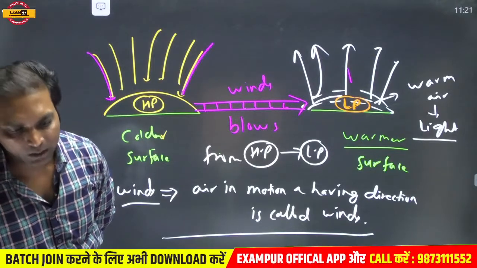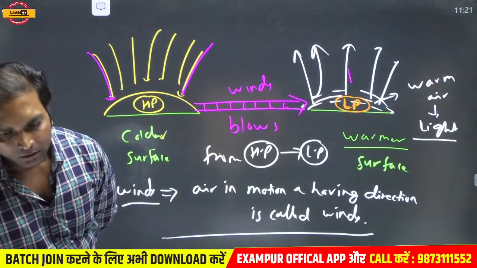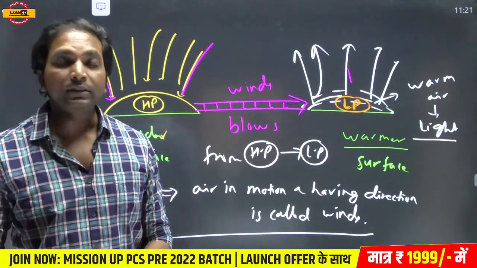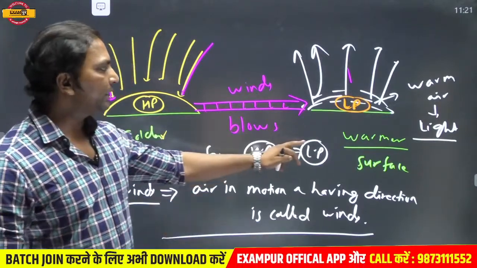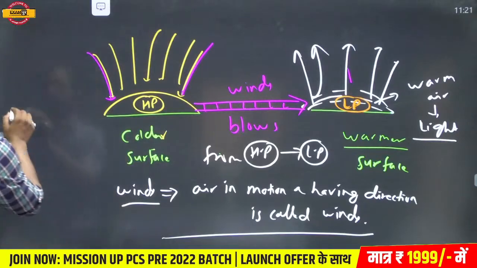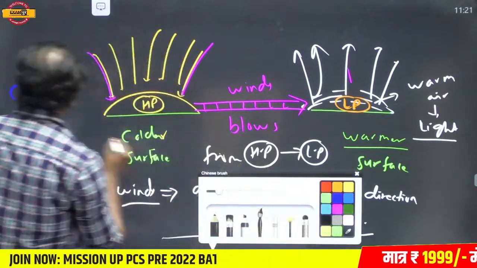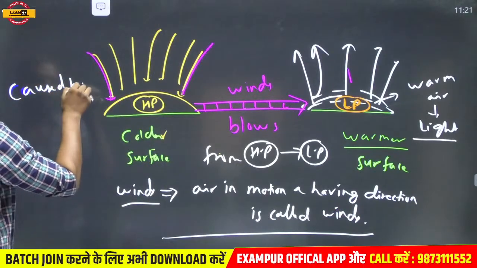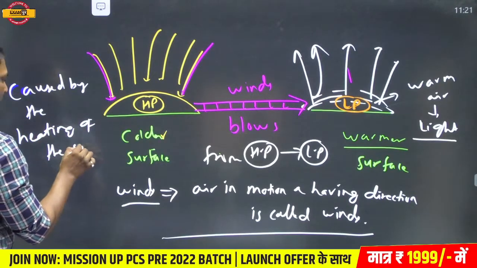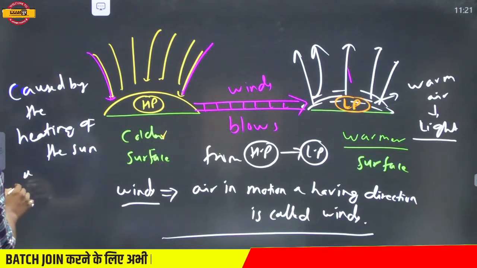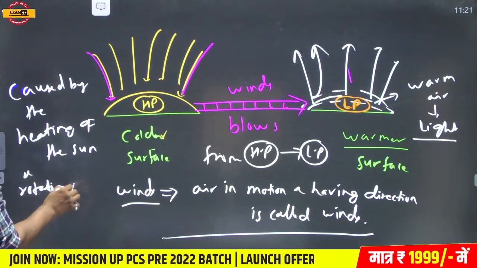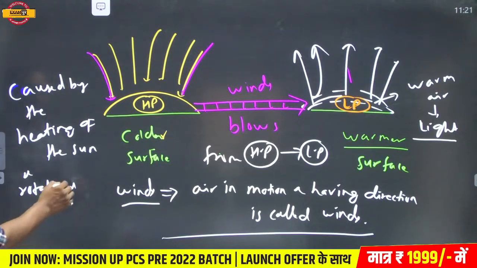So one more sentence you must add here: the horizontal movement of air is described as the wind caused by the heating of the sun and the rotational movement of the earth.